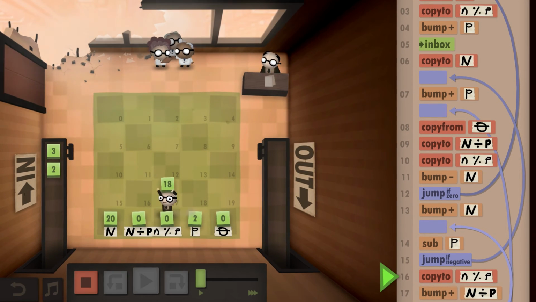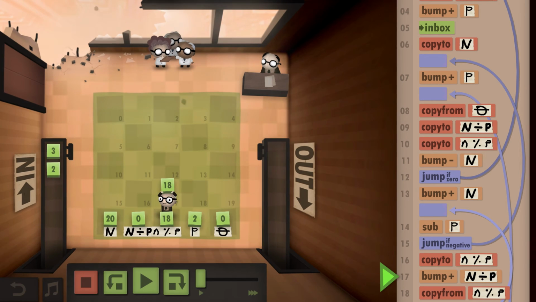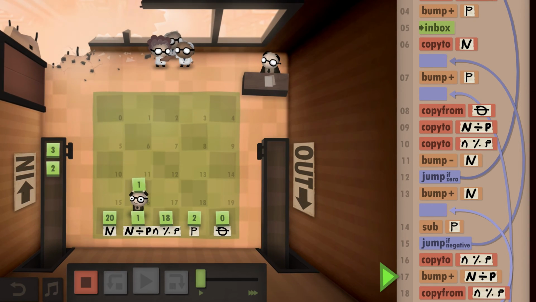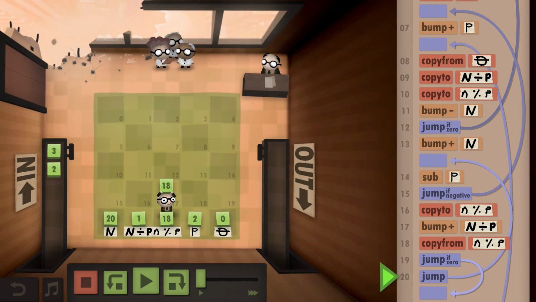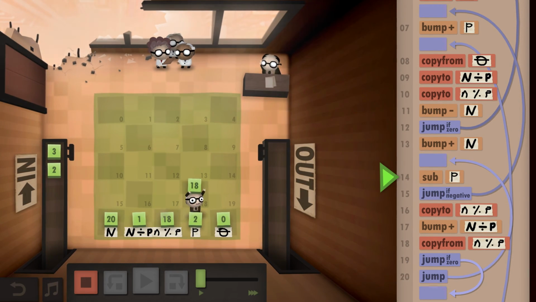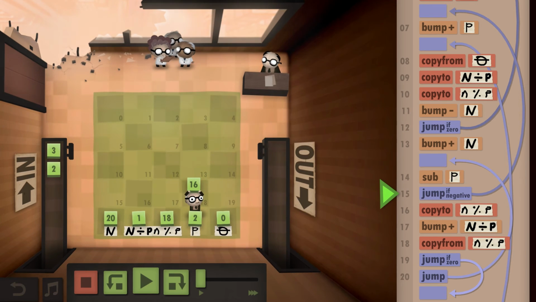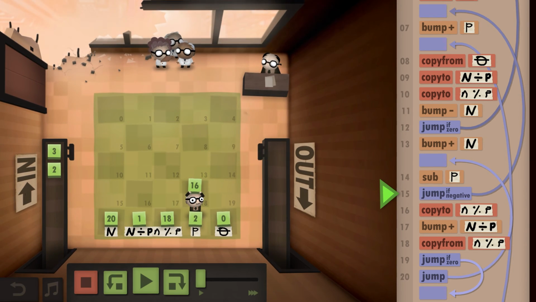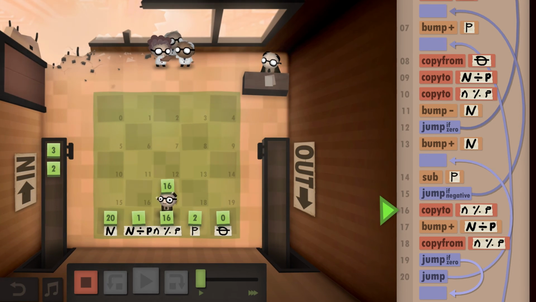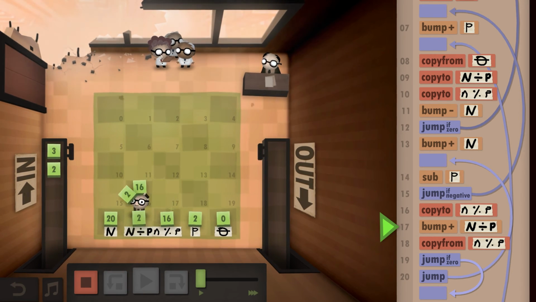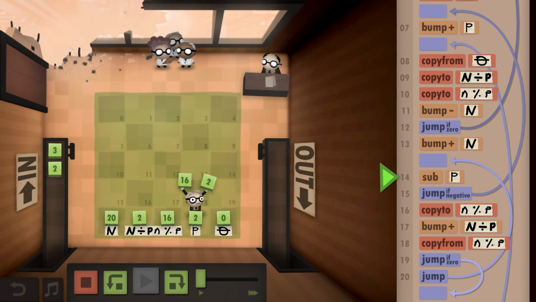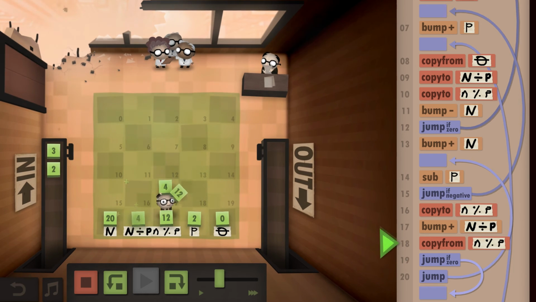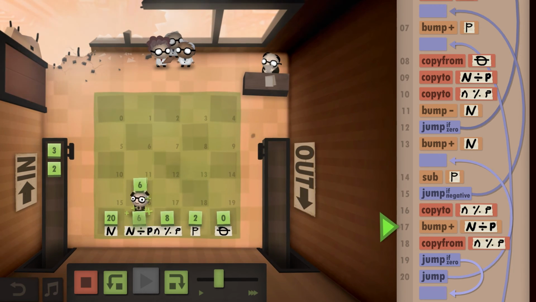And since it's not negative, we need to put that value there, bump up the n divided by p, and then copy from that our n mod p, so we're kind of using it as a temp storage here, and then subtract it again from p. We're using that slot as a temporary storage, and we're also going to be using it as the remainder value. So we're going to keep doing this until this is running through its course. It'll hit 0.